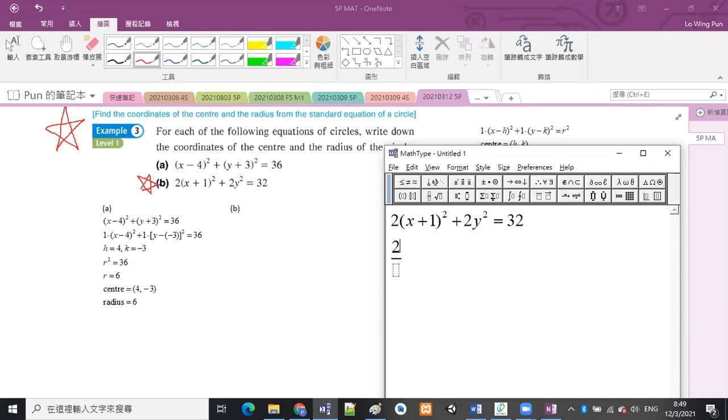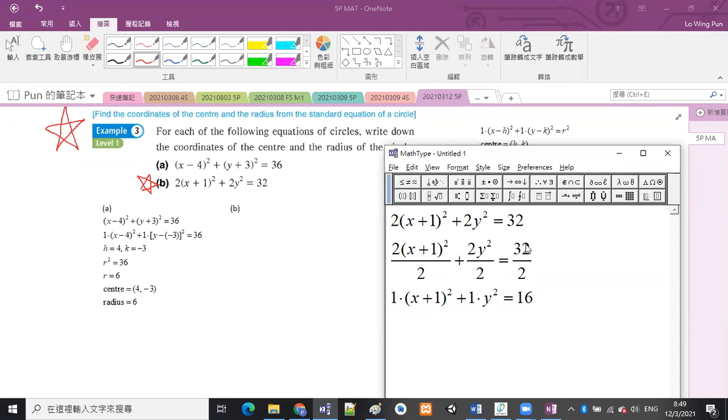Okay, so that is like this: 2 times (x plus 1) squared over 2 plus 2y squared over 2 equals 32 over 2, to cancel out the 2. So this becomes (x plus 1) squared plus y squared is equal to 16. Can you get this? So now it is 1 times, okay? It's 1 times, right? It is also 1 times.